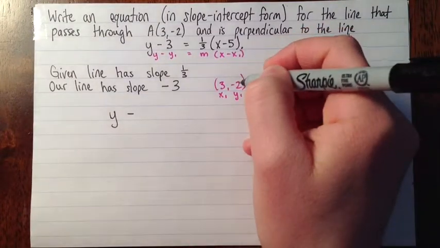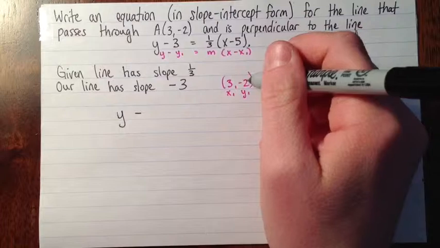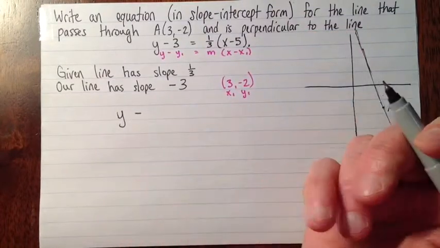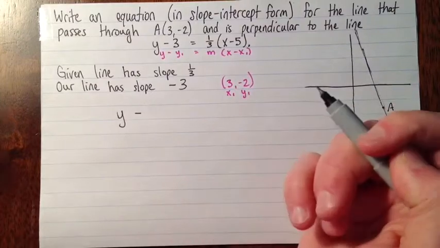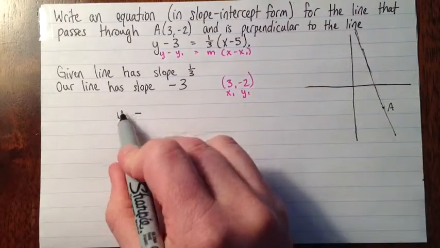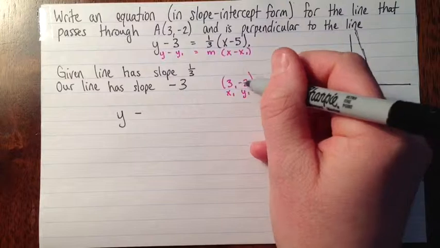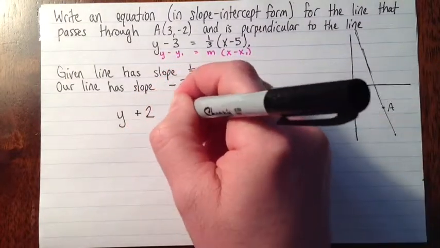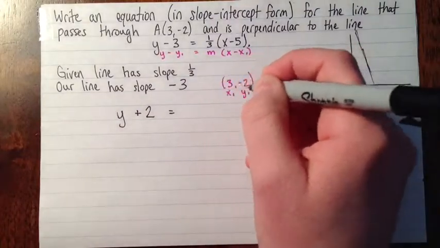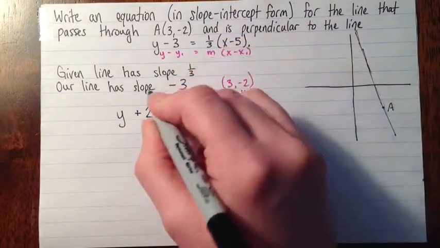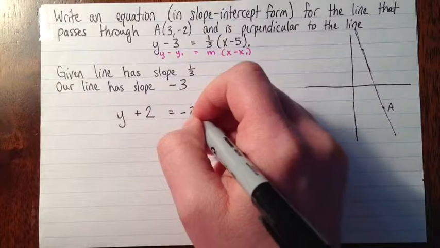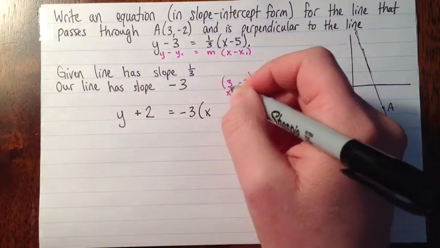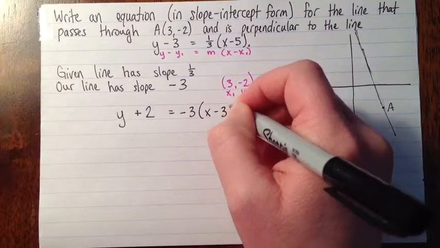It's worth it because when we substitute it into the equation, it'll have the opposite sign, and it also happens to be in the opposite order, so it's really easy to get mixed up. So y subtract y1 is y subtract -2. I'm going to write that right away as y plus 2 equals m, so our line has slope -3, times x subtract x1, so that's x minus 3.